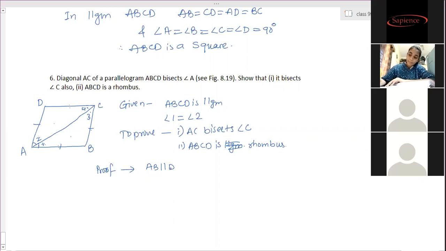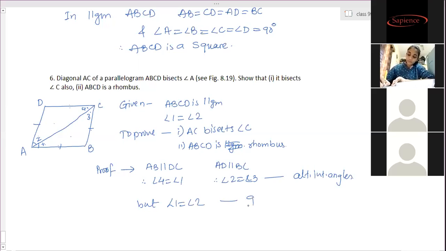AB is parallel to DC. So therefore angle 4 is equal to angle 1. AD is parallel to BC. Therefore angle 2 is equal to angle 3. Alternate interior angles. But angle 1 is equal to angle 2, given.